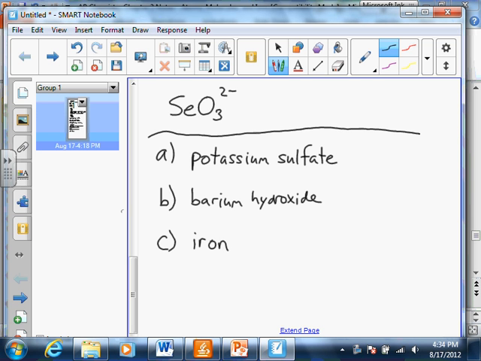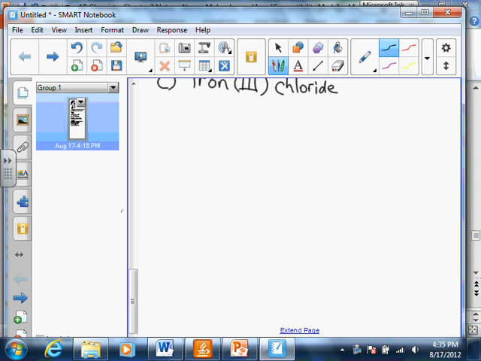Chlorine is always a 1 minus charge in an ionic compound, because it's in group 17 or group 7A. If it takes 3 of those chlorines to combine with the iron, the iron must be a 3 plus charge. We have to put a Roman numeral 3 here to show that this is iron 3 plus combining with the chloride. You just got to remember to do that with the transition metals, and it's easy to forget.